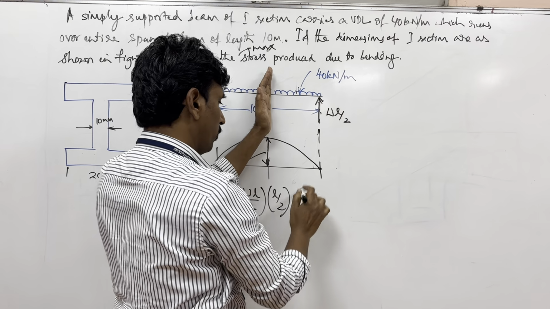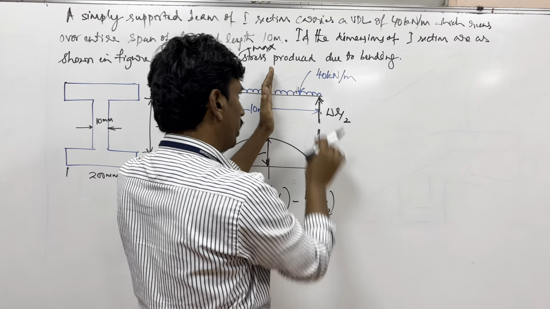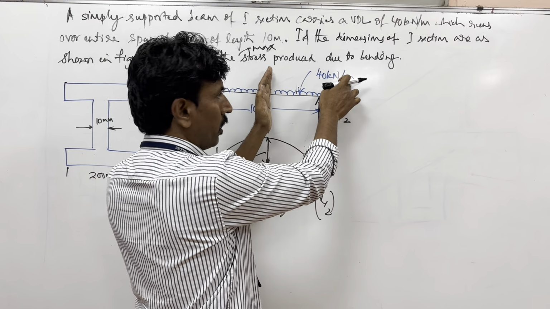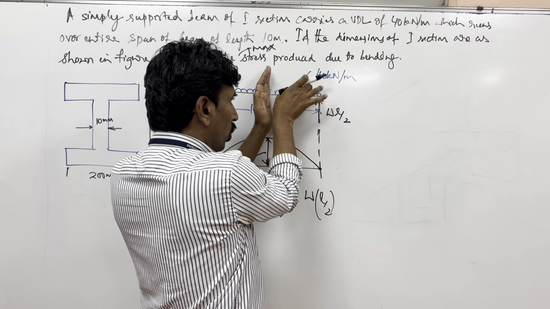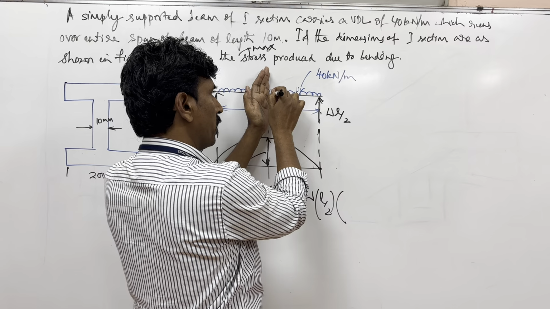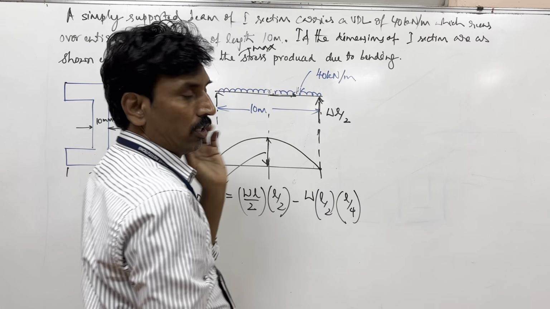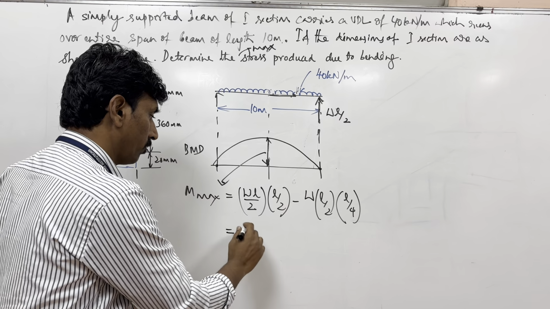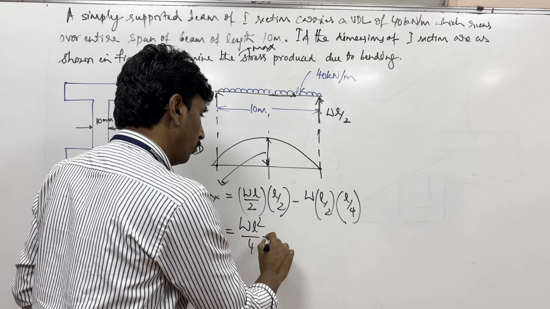This is W into L by 2, because the whole W is for L meters, but it is L by 2 meters, so W into L by 2 is the total UDL for L by 2 distance. Acting at what distance? From this point, it is at L by 4 distance. So what is the answer here? It is WL square by 4.